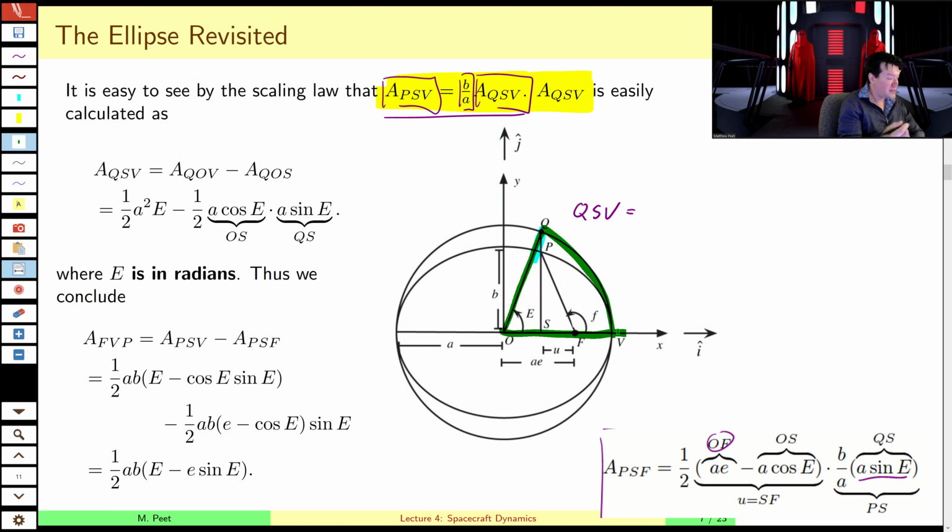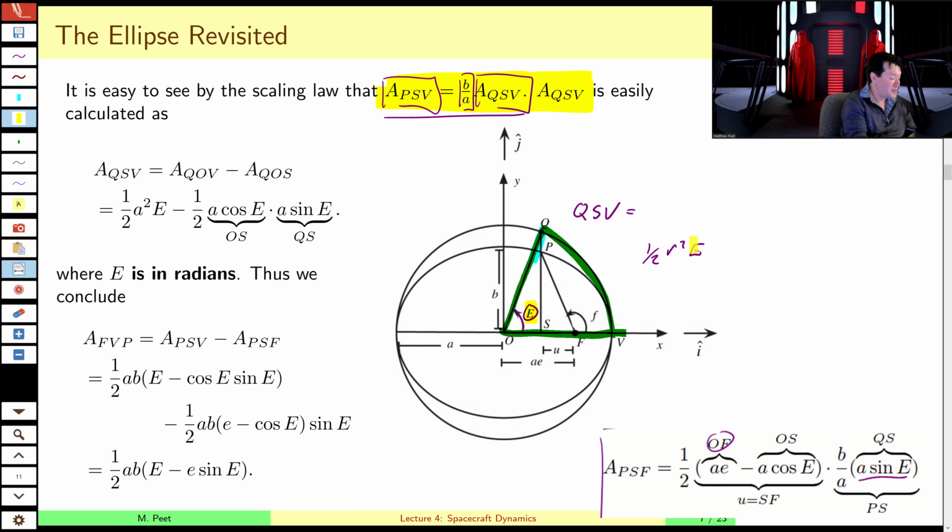Well, what area is that? That area is just the fraction of the circle according to the angle in radians. So it's just 1/2 r squared e, where e is this angle in radians.